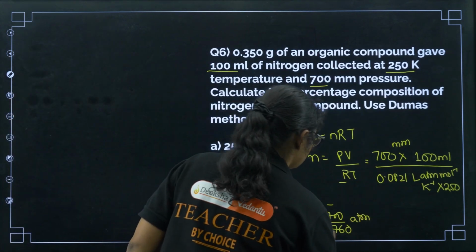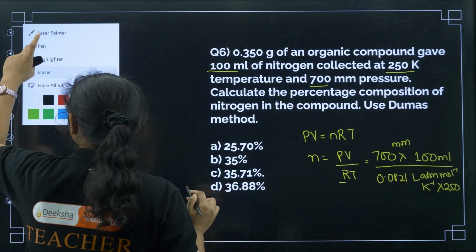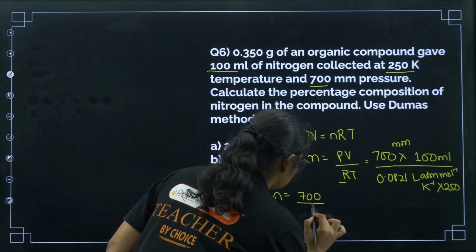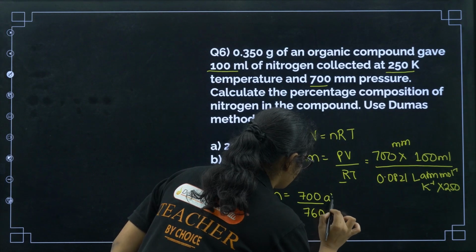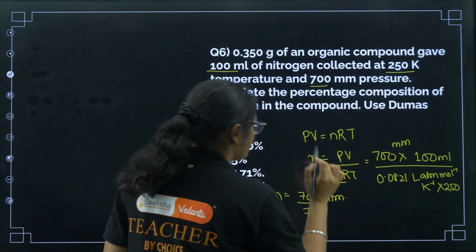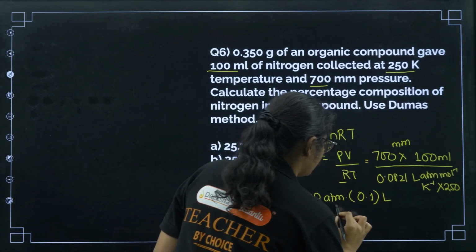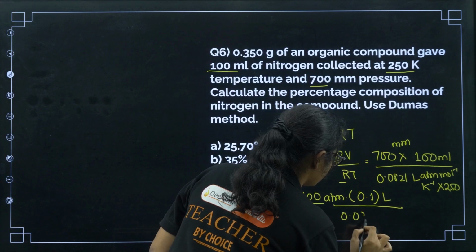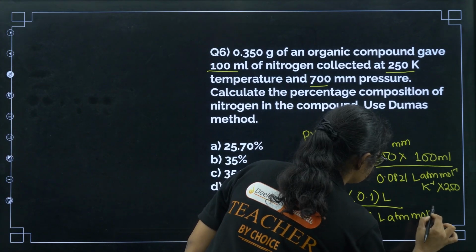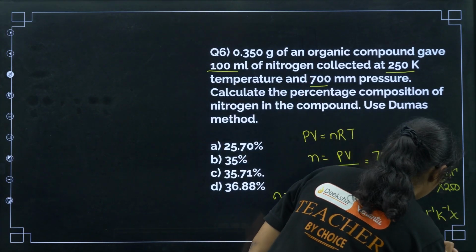So that all the values are in the right units and we can see how the units get cancelled. Now you see here, for pressure I'll put 700 by 760 ATM. Then for volume I will put 0.1 liter. Next, R value I'll put 0.083 liter ATM mole inverse Kelvin inverse, and then I have 250 Kelvin.